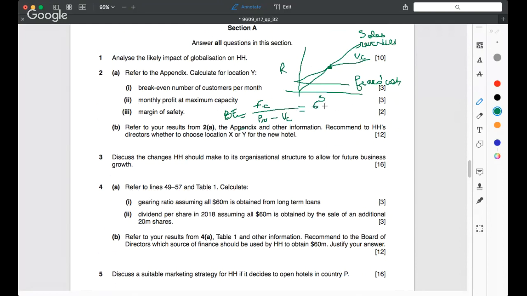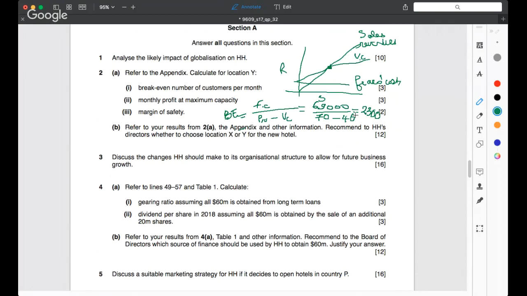So it's 69,000 by $70 minus $40. You can find those results in the table, and that is 2,300. It means that starting from renting 2,300 rooms, they are going to make a profit, and below that they are going to lose.